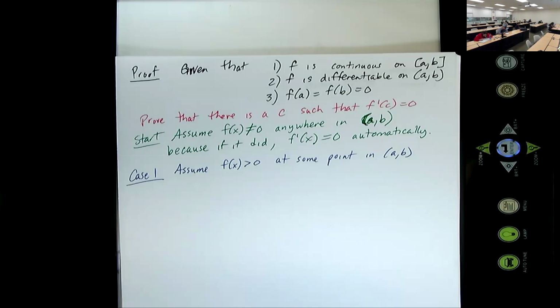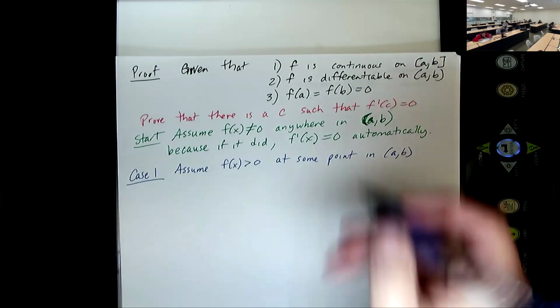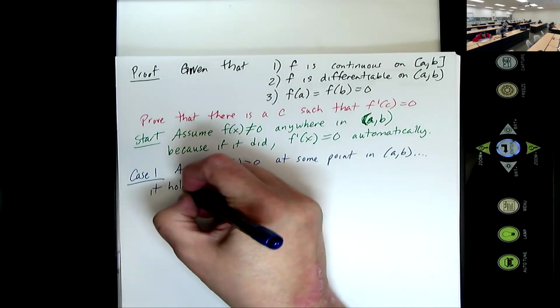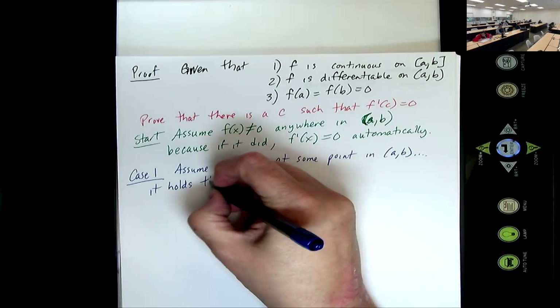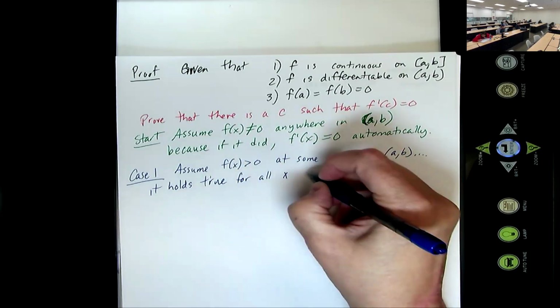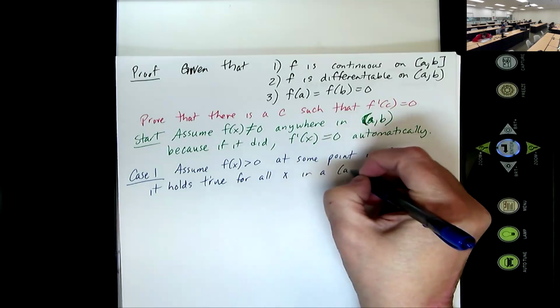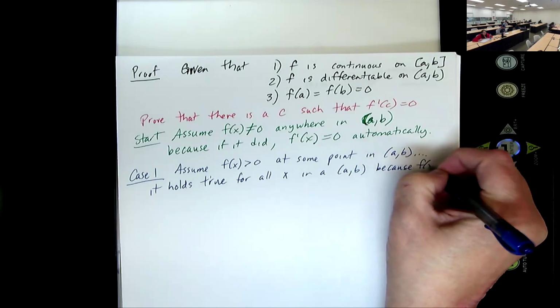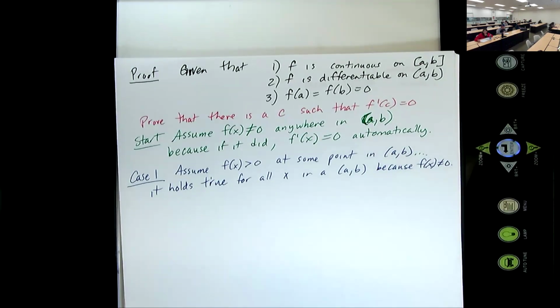And since we've assumed f of x does not equal 0 anywhere in there, then it holds true for all x in there, because f of x does not equal 0 anywhere. And the only way to get down to a negative would be to cross the line. So it's positive there.